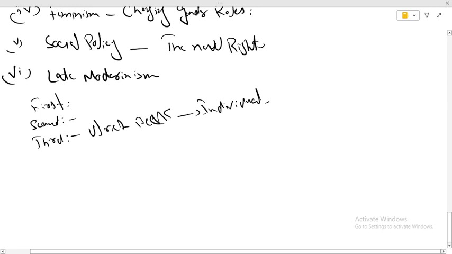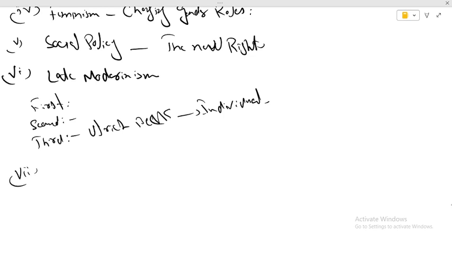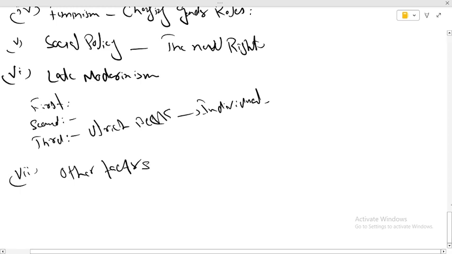And if I add a seventh one, it could be other factors apart from the above. Number one could be that few people today are living in couples.